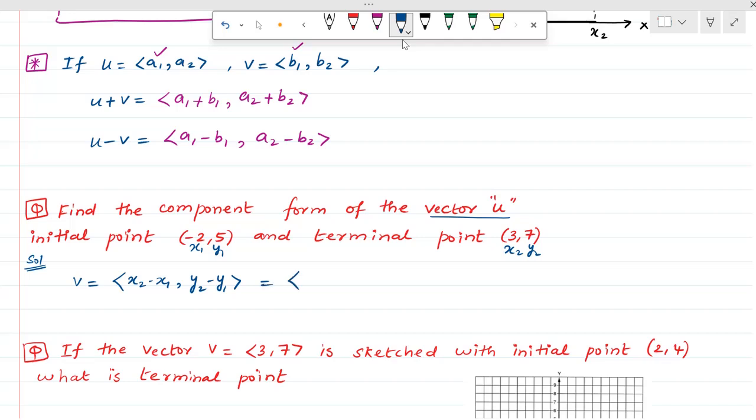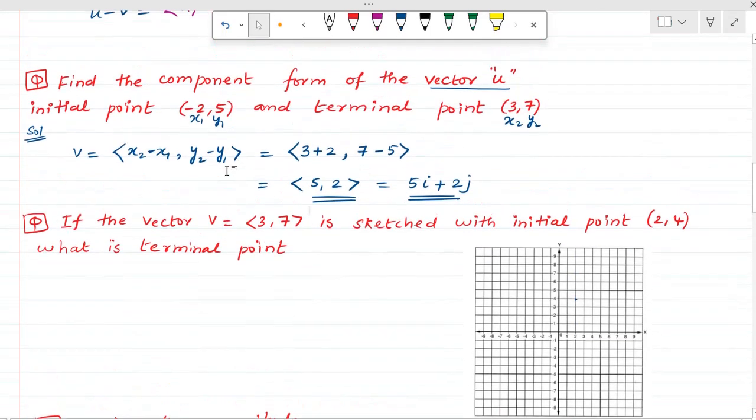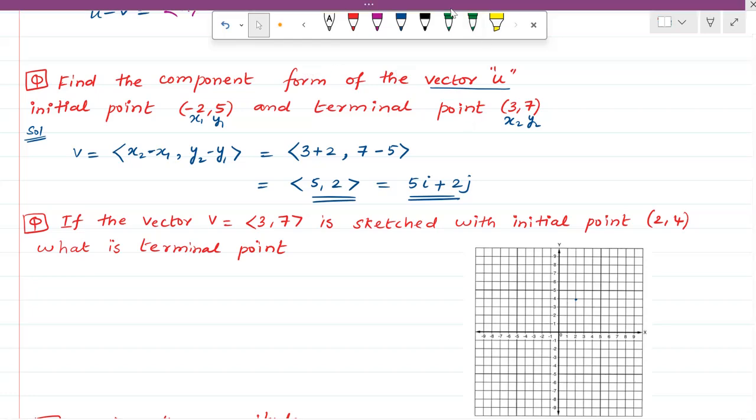Now, if you apply the rule, it becomes 3 minus of minus 2, which is 3 plus 2, comma, then 7 minus 5. So it can be written as 5 comma 2. This is the vector form, or the same thing we can write in terms of i and j: 5i plus 2j. Both are correct. Now the next one: again 2 points are given, and we will find the vector.